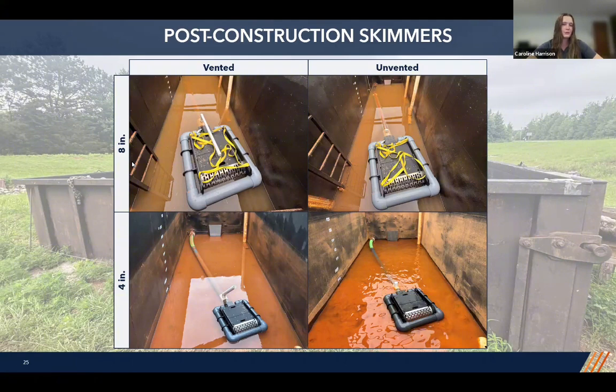Our large post-construction skimmers are 8 inches and 4 inches in size. As you can see here, these also have a different design than the sediment basin skimmers. And the big thing to note about these is they were tested with and without that ventilation pipe, so we could evaluate different flow conditions there.